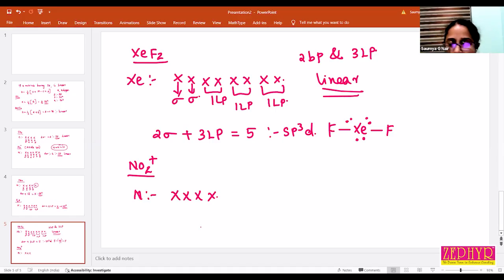Each oxygen forms a double bond. So sigma, pi, sigma, pi: only 2 sigma bonds, so it is sp. Linear.